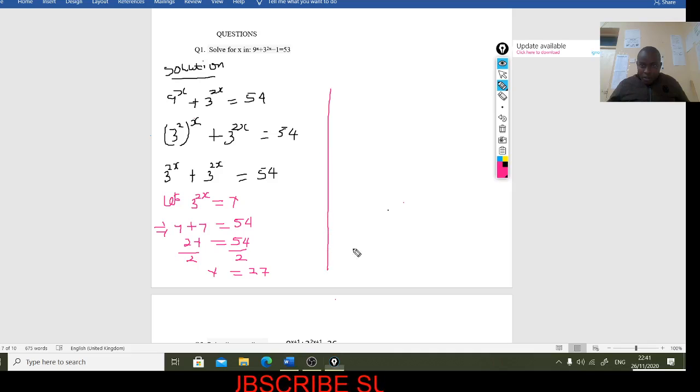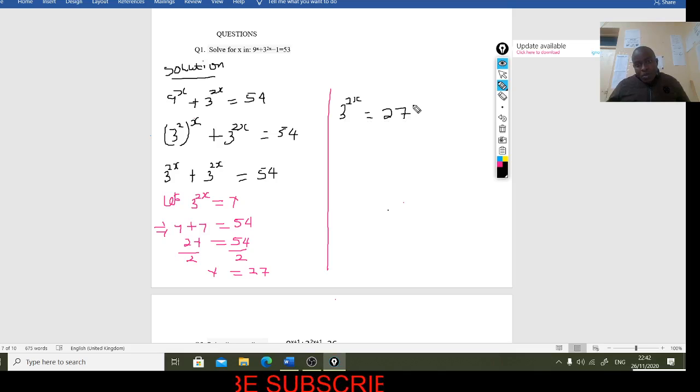My y is 27, so I can now substitute y with 27. So meaning that 3 power of 2x equals to 27. 27 can be rewritten in the base of 3.